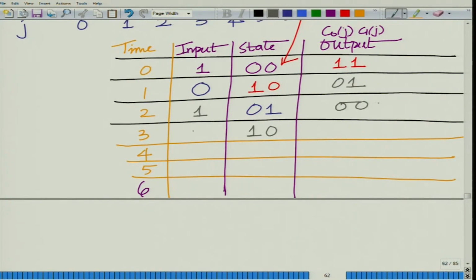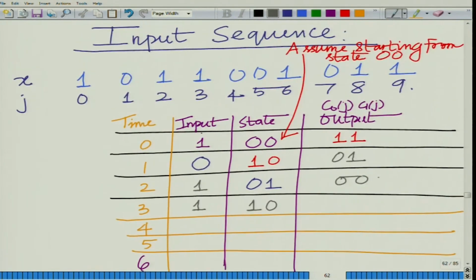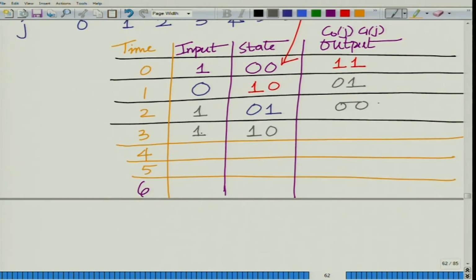So at time instant 3, input bit is 1, state is 1 0, next state is 1 1, output is 1 0.